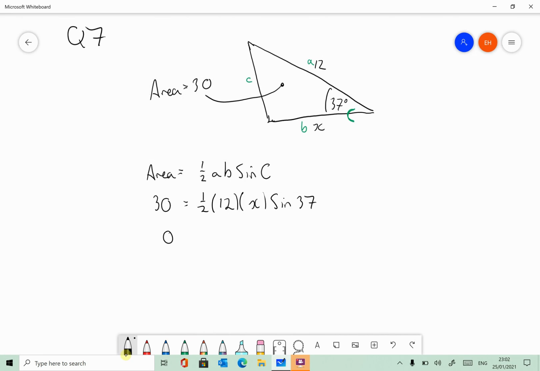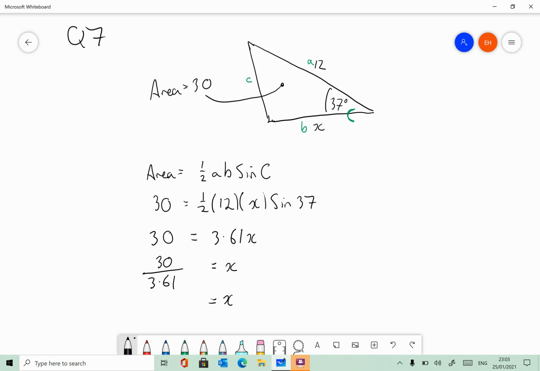So 30 equals 6 multiplied by sine 37 times x, which is 3.61x, and that's supposed to be 30. So x by itself, well, the 3.61 is multiplying the x, so to get rid of multiplying by 3.61, we divide by 3.61, so it's 30 divided by 3.61.